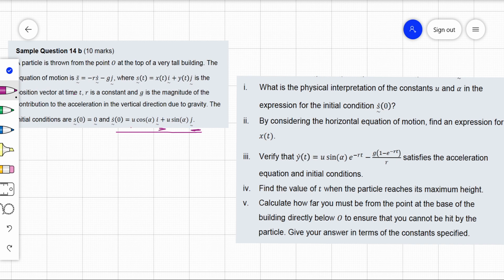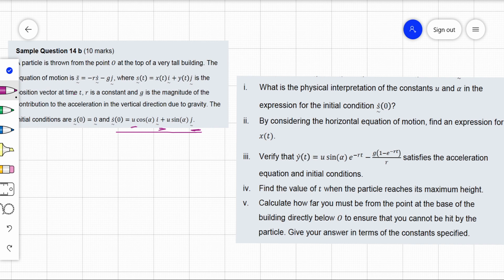So we know u is just the magnitude of that initial velocity. So we could say u represents the initial speed of the particle, and alpha is the angle between the direction it's thrown and the horizontal.